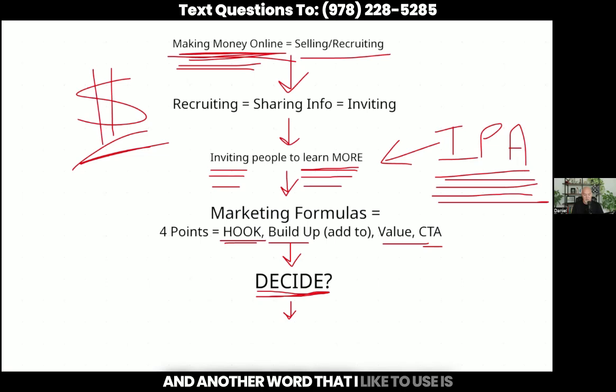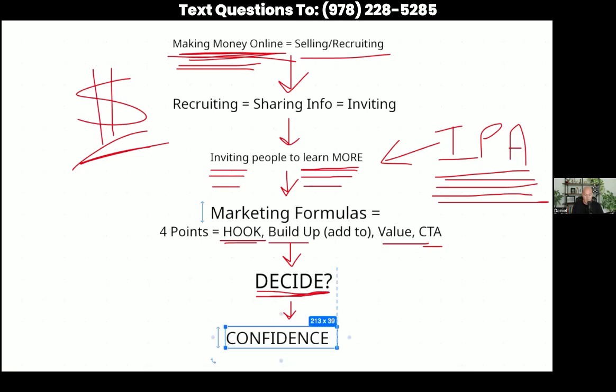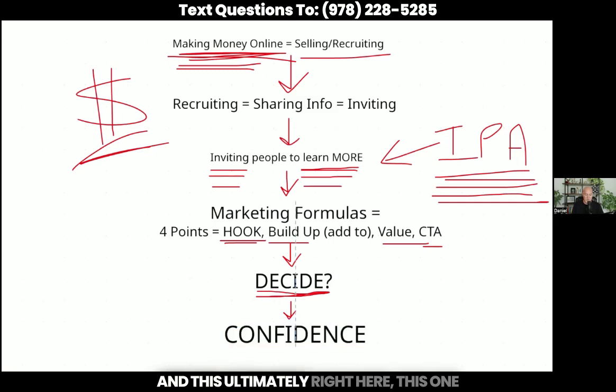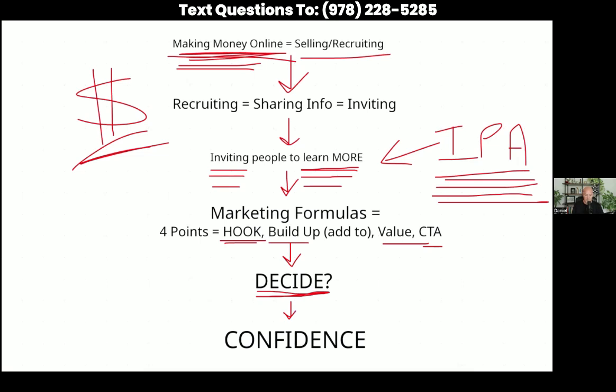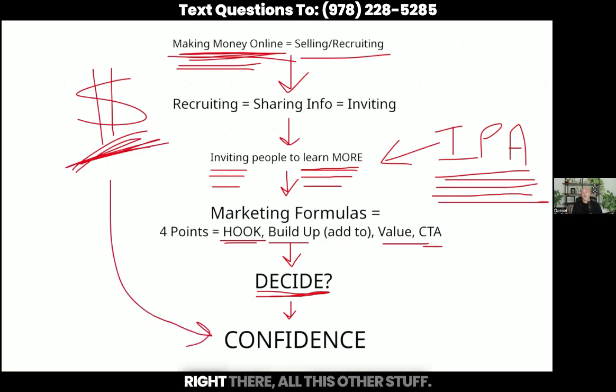And another word that I like to use is, it comes down to your own confidence, your own belief in yourself. And this ultimately, right here, this one specific thing, it's all going to boil down to that right there.